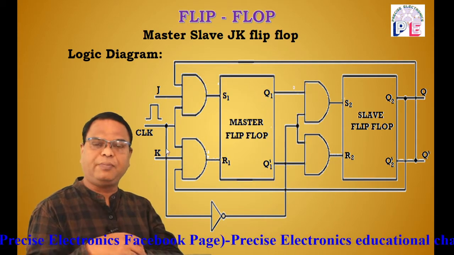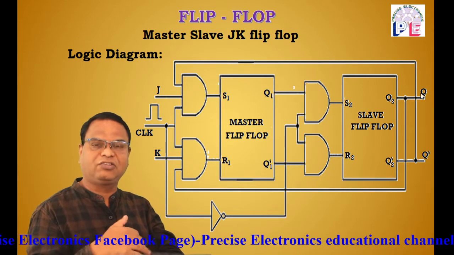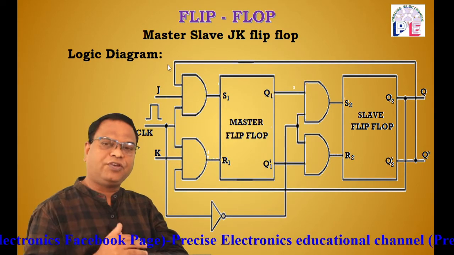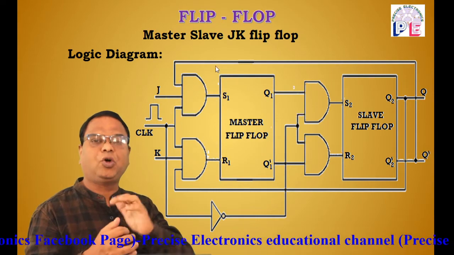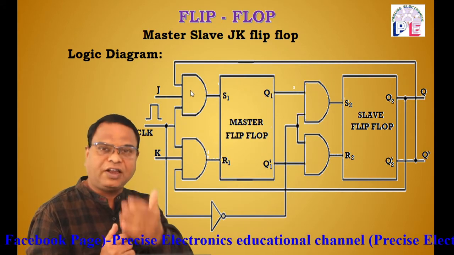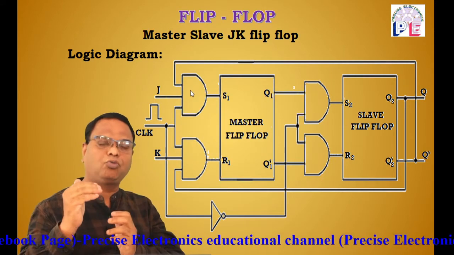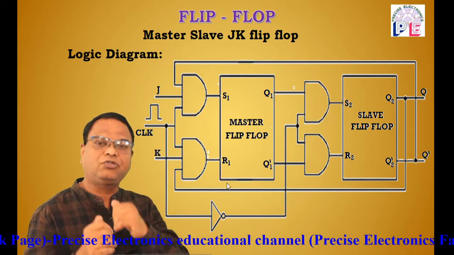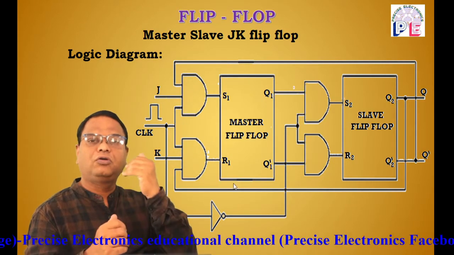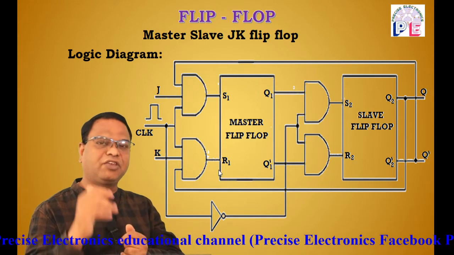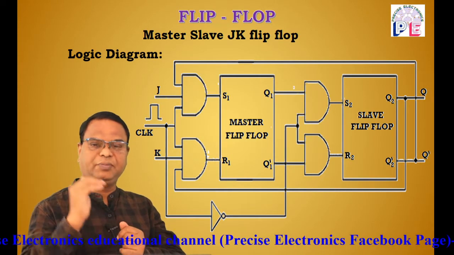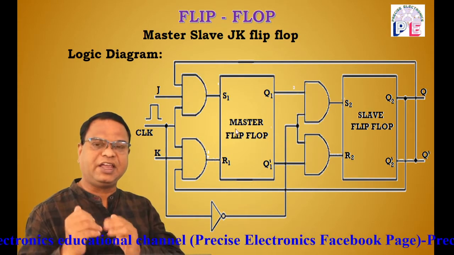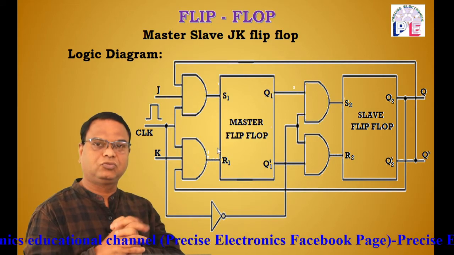The outputs are fed back to those AND gates. So the output of the first AND gate drives the set input of the first JK flip-flop, while the output of the lower AND gate drives the K input of the first JK flip-flop. That is a master JK flip-flop.